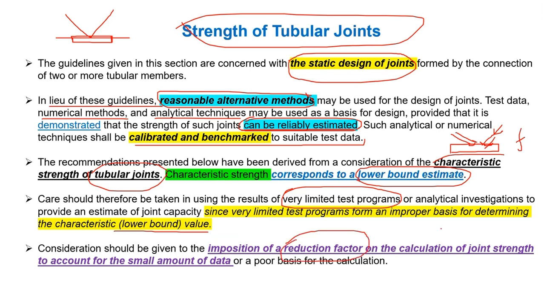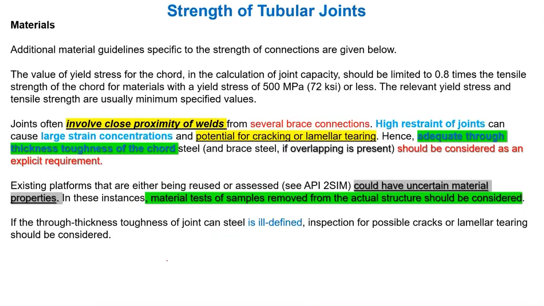Because they have a limited number of tests, and if each test comes out with different capacities, it doesn't mean we can take them as they are. We need to apply some reduction factor because they have only a small amount of data, not a very large number of data to give this formulation. So we need to impose a reduction factor on the calculation of joint strength. That's what they're trying to tell.